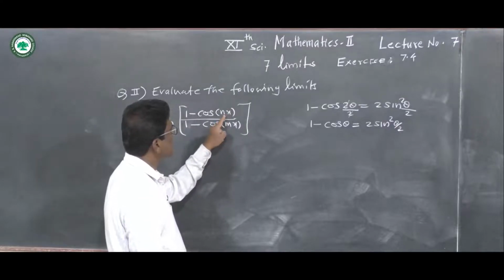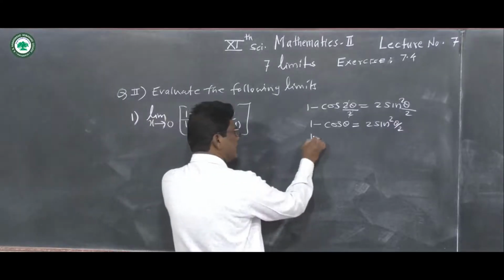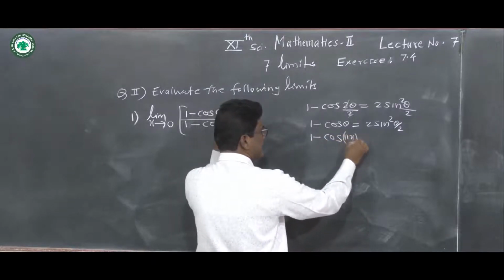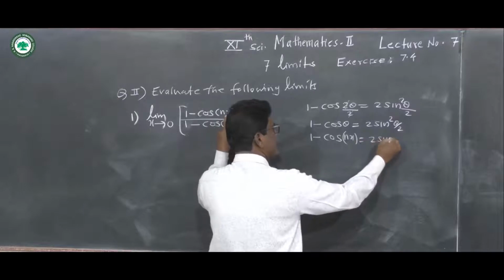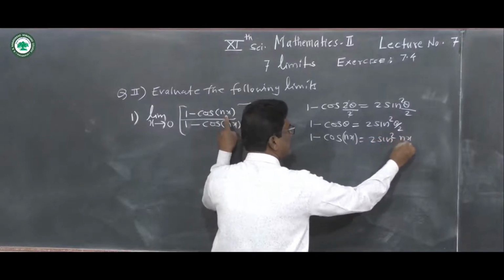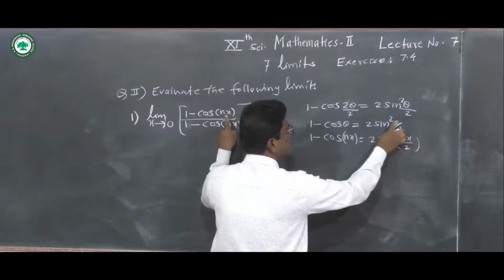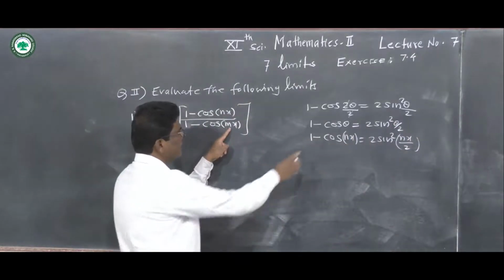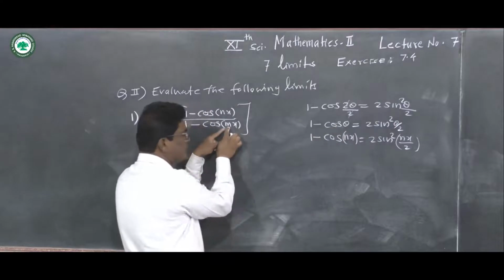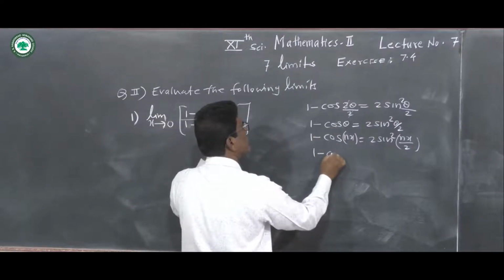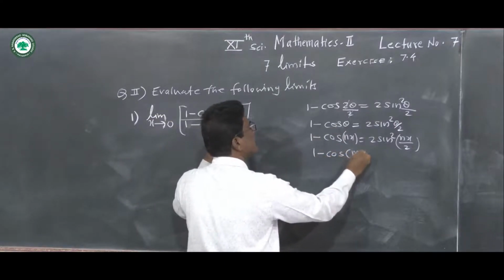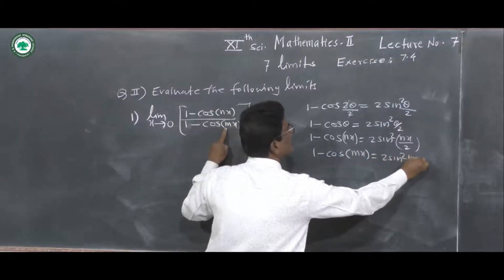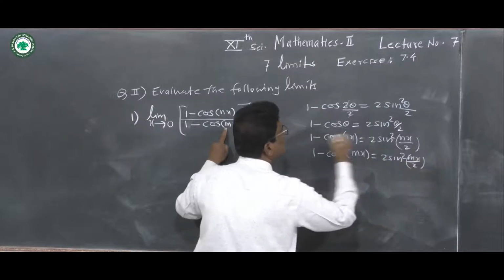So we get here 1 minus cos nx is equal to 2 times sin square (nx divided by 2). And replace theta in this formula by mx. So we get here 1 minus cos mx is equal to 2 times sin square (mx divided by 2).